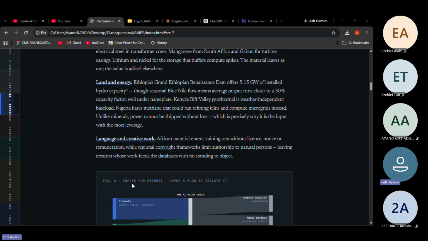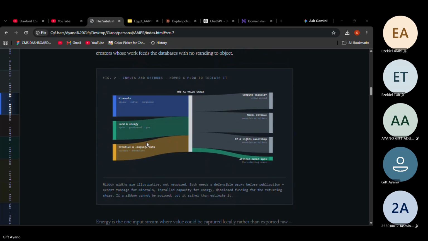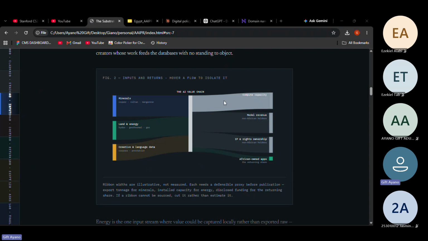But what do we get in return? Looking at this, we are supplying these three, and this is what we get. Looking at all these things, they are not our own.